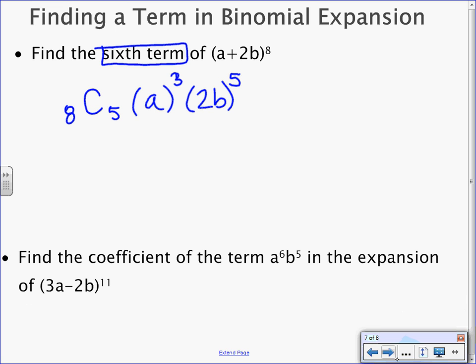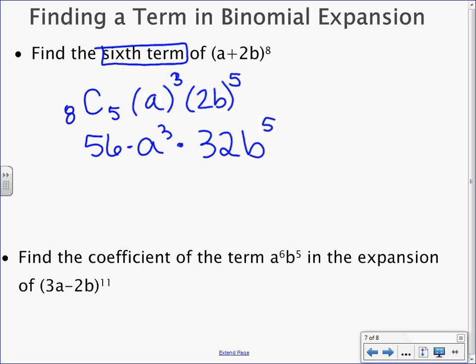All right. So what is 8 combinations of 5, times a cubed times 2b to the 5th? That 2 needs the power 5, so 32b to the 5th.